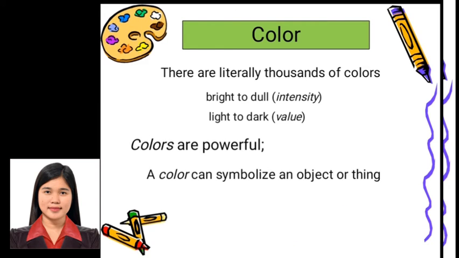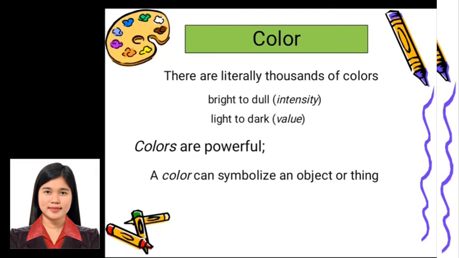A color can symbolize an object or thing, such as blue for water and green for grass and the leaves of trees, or it may symbolize an emotion or idea, such as red for love, yellow for fear, and blue for sadness. A trained artist is familiar with all of these options and can select and combine colors to create a desired impression or to evoke a certain mood.